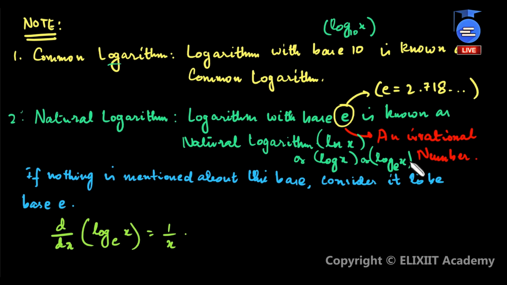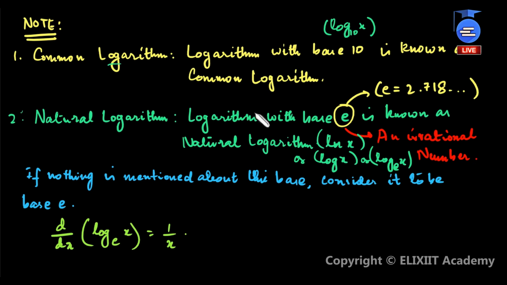Value of the base is equal to e. Either you write this as ln x, which in many books means natural logarithm, or you write this as log x, or log x base e.